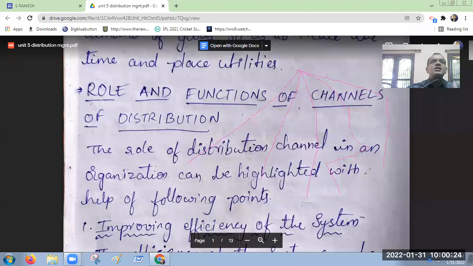Different channels may be arranged so that goods and services are easily made available to the customer. So what is the role? What are the functions of channels of distribution? Let us examine that topic.